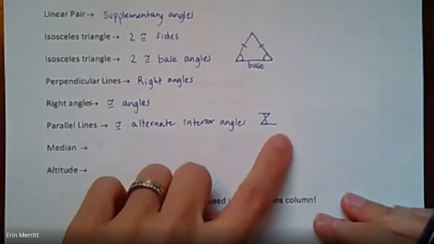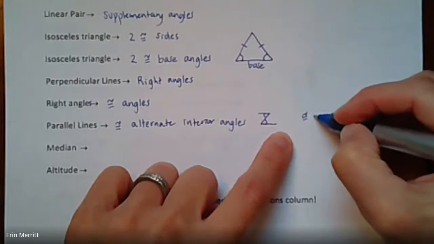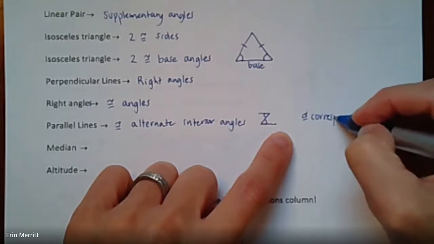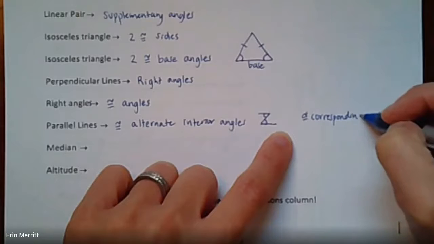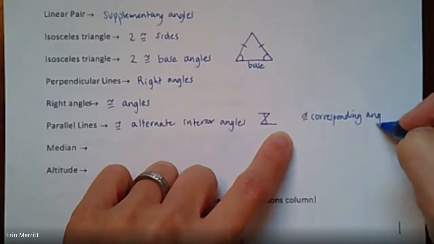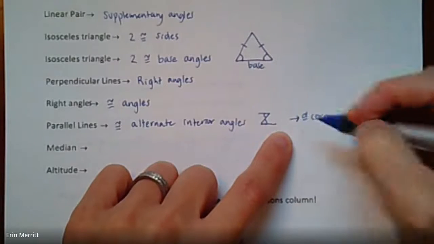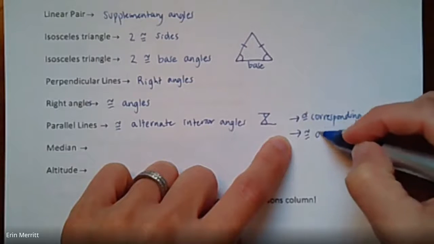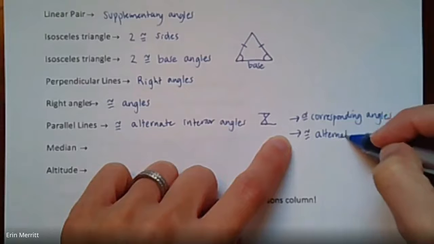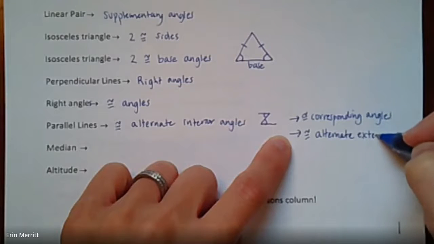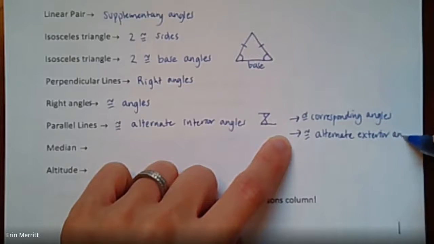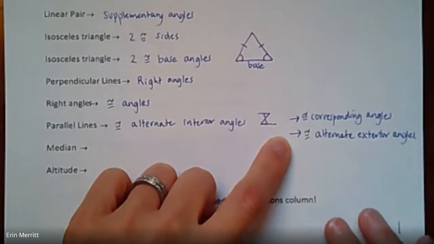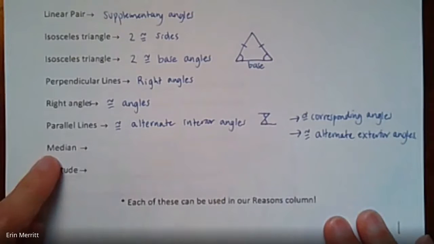But it could be congruent corresponding angles. So I'll put like a little extra arrow there. Or it could even be congruent alternate exterior angles. So multiple things that could happen there, right?